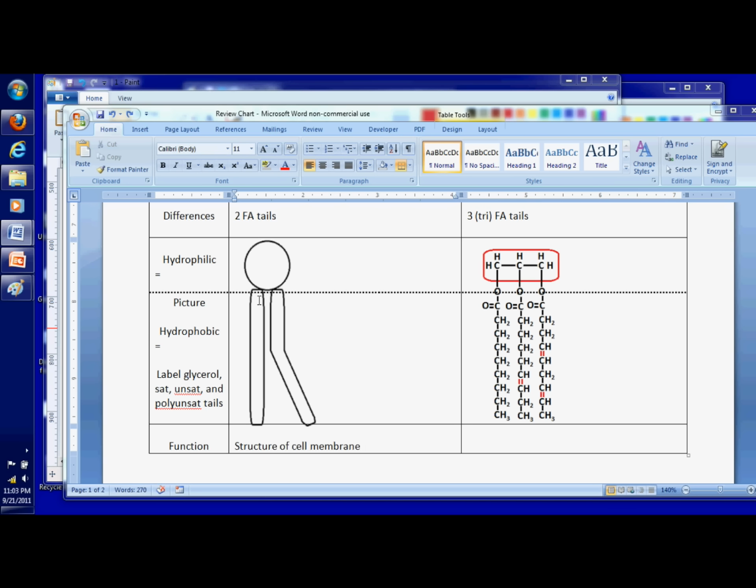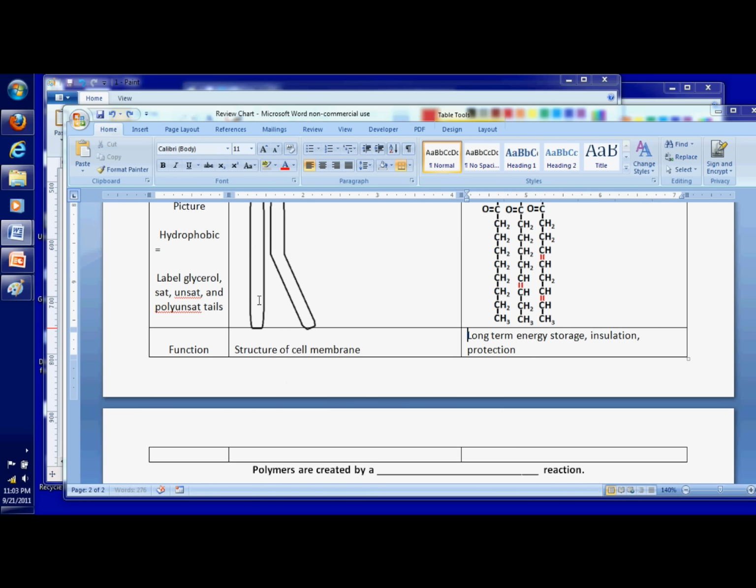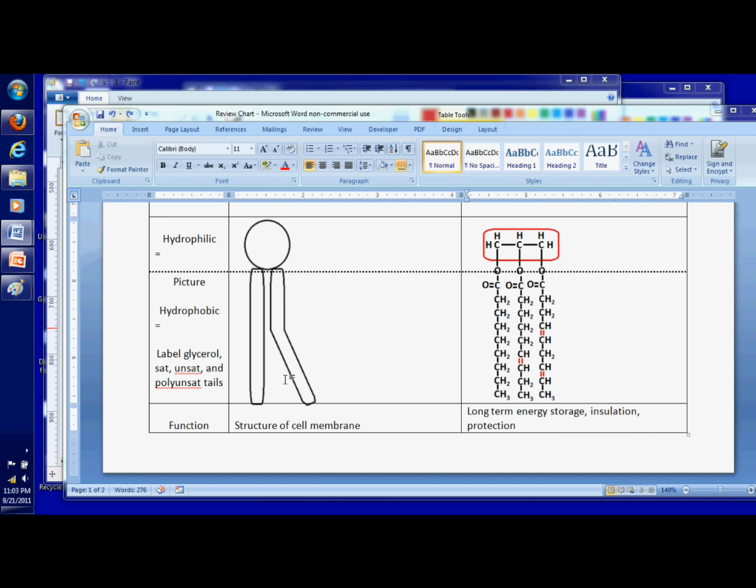Function for both of these, slightly different. Primarily, phospholipids are in charge of creating the cell membrane. We'll get into way more detail with those pretty soon. And for the triglycerides, long-term energy storage, also provide insulation, as I talked about in class, something like a walrus that has inches of blubber, swimming around in super cold water, and protection as well, surviving attacks from predators.